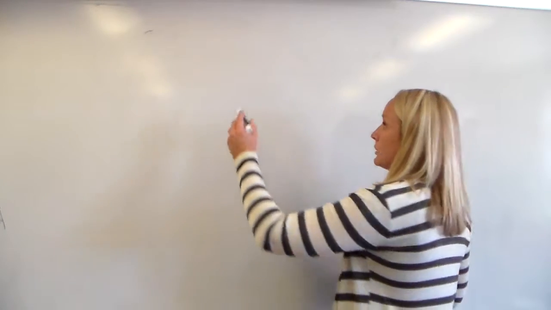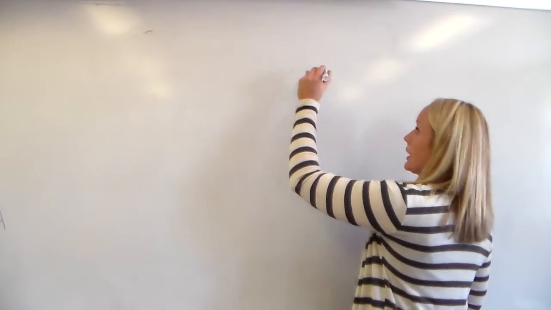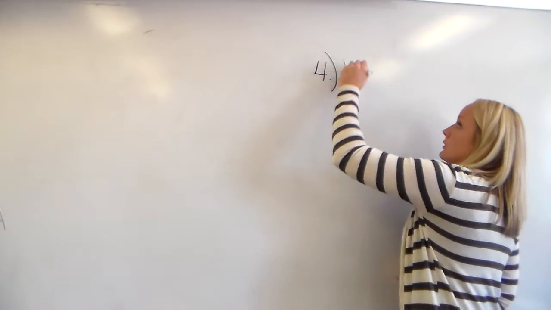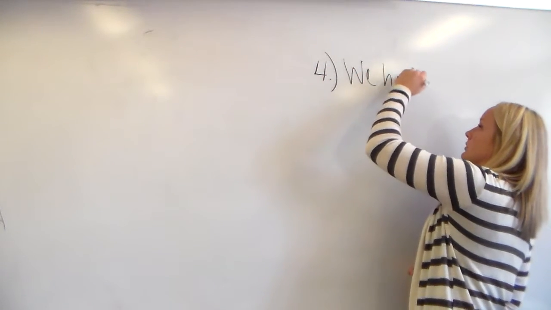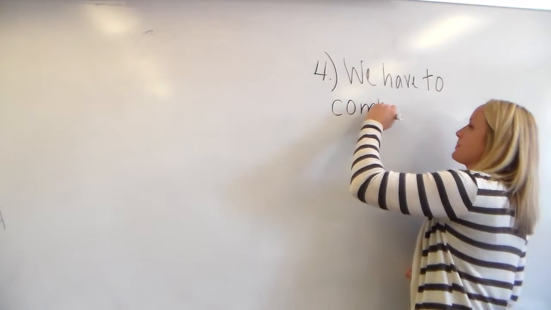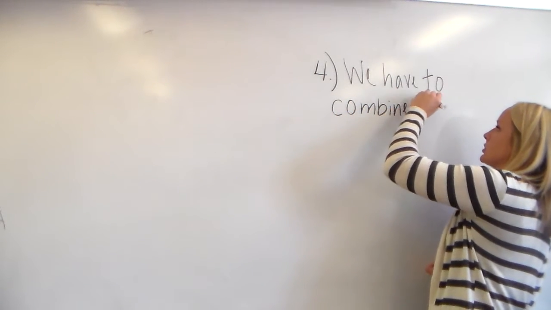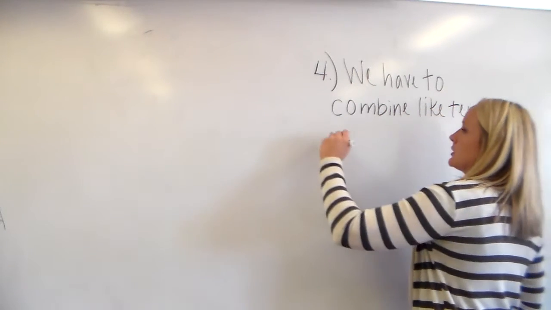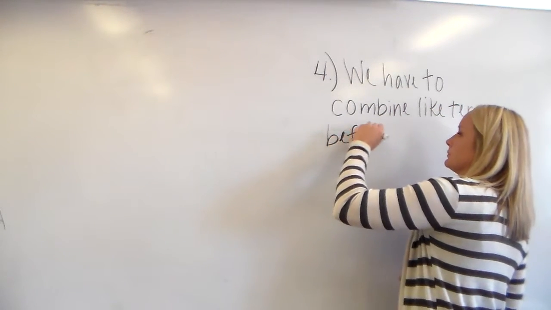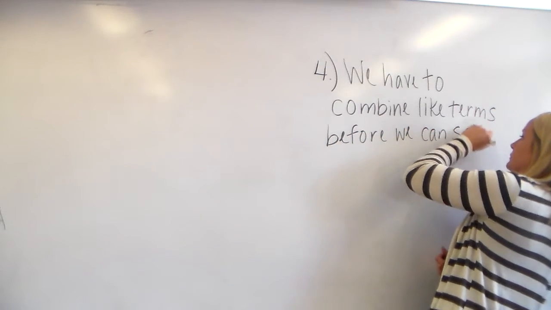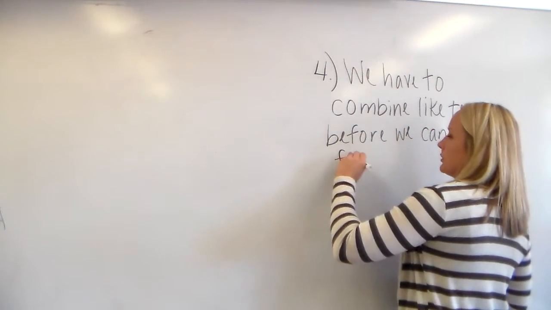So rule number 4 for you guys is we have to combine like terms before we can solve for a variable.